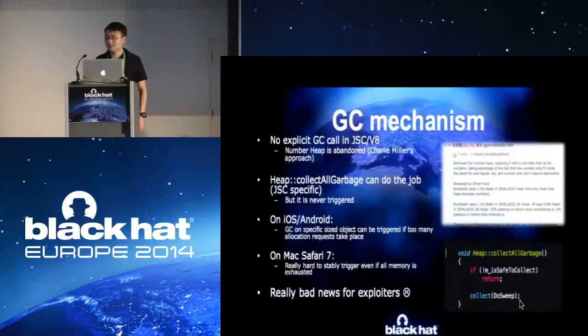And the second one is the GC mechanism. Unlike IE and Firefox, where you can just call the GC function by some interface, there is no such interface in WebKit's GC, although some security researchers like Charlie Miller found some way to use number heap previously to trigger GC.